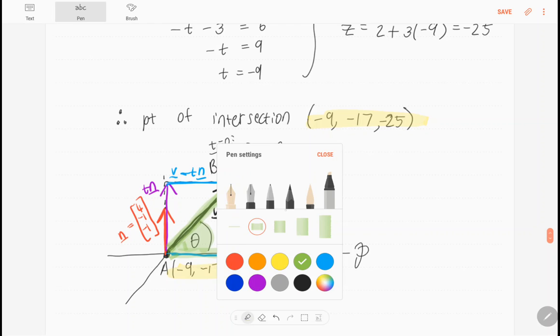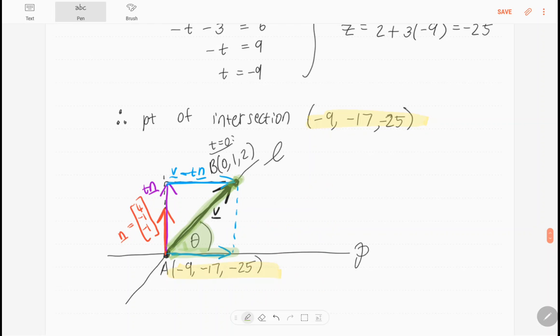Why? Because the formula that I can use for calculating this angle is cos of theta is going to be (v minus Tn) dot v, over the norm of (v minus Tn) multiplied by the norm of v.